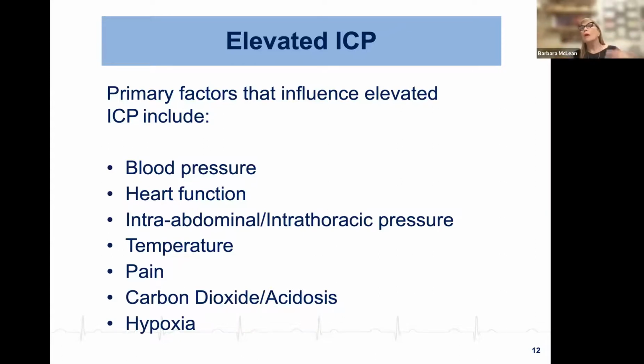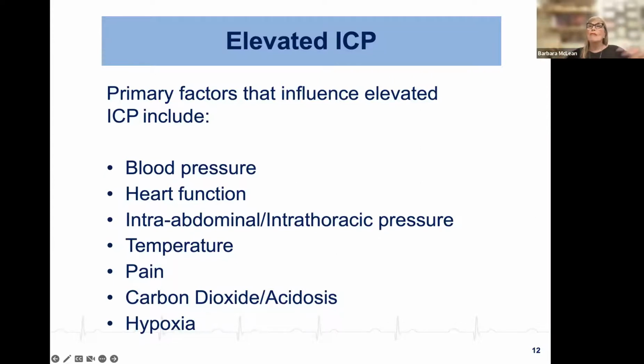You don't just put vasopressors on a person with a subarachnoid hemorrhage or a traumatic brain injury to drive their blood pressure up without reducing the ICP. So we're really going to think about those relationships. We're also going to think about intrathoracic and intra-abdominal pressures.